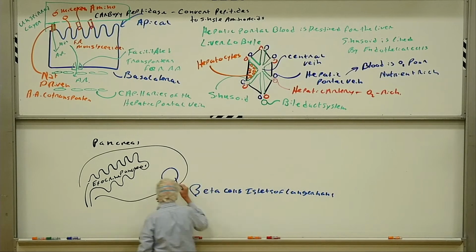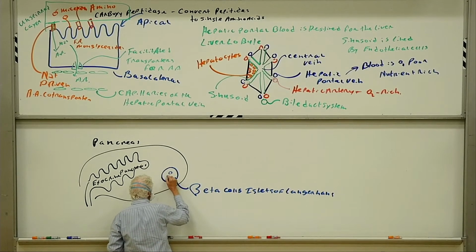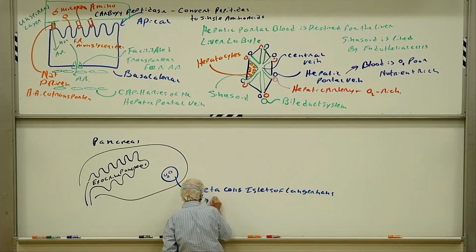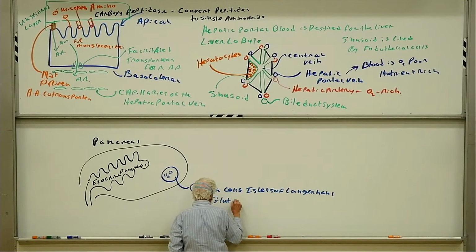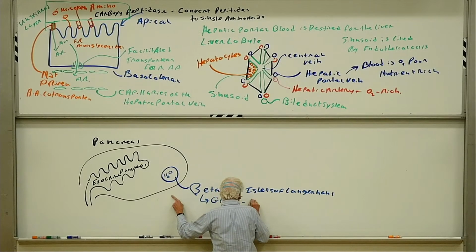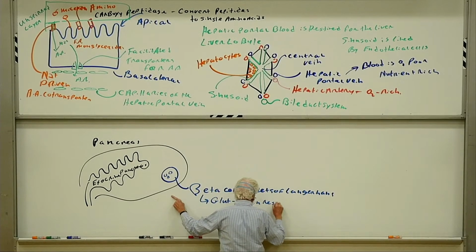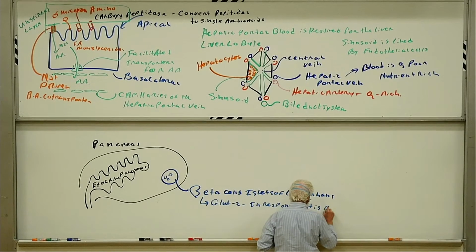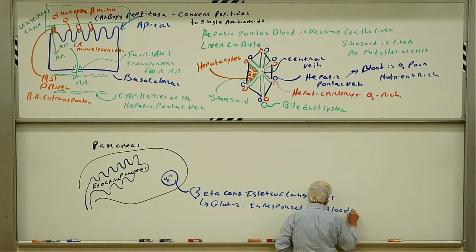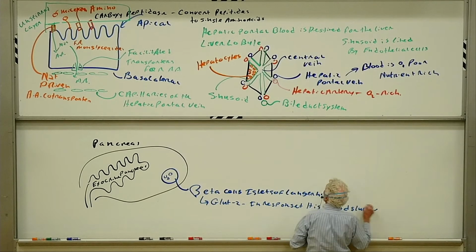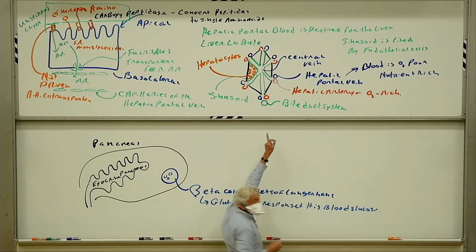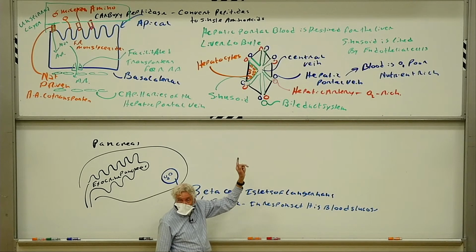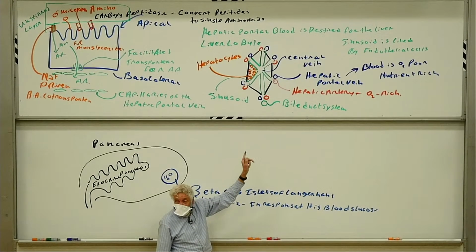Now, these beta cells also contain GLUT2. And in response to high blood glucose, so after a meal high in glucose, not all of that glucose is going to be taken up by the hepatocytes.